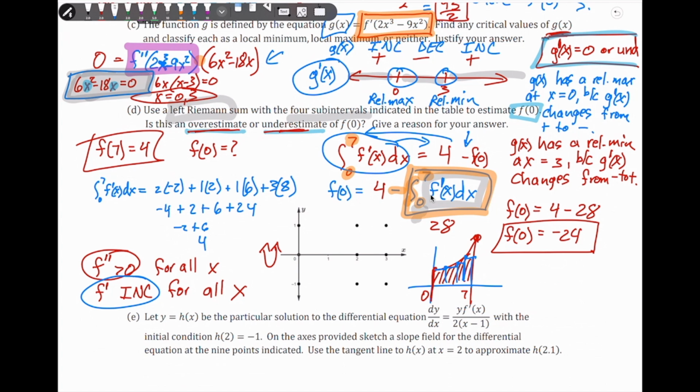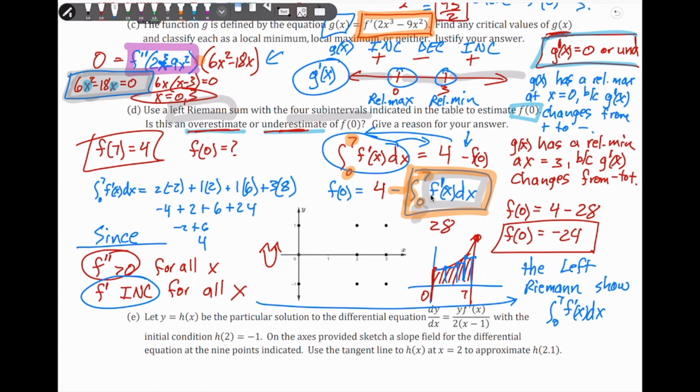So we're going to say since f double prime was positive for all x's, that means f prime was increasing for all x's, then the left Riemann sum shows the integral from 0 to 7 of f prime of x dx as an underestimate. So underestimate.